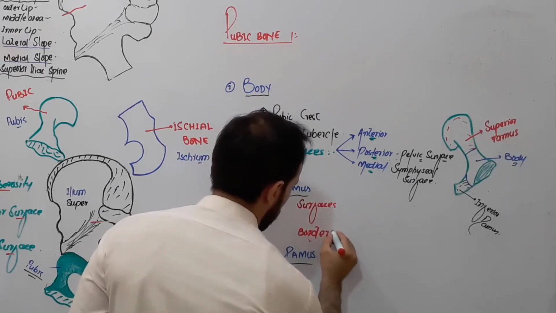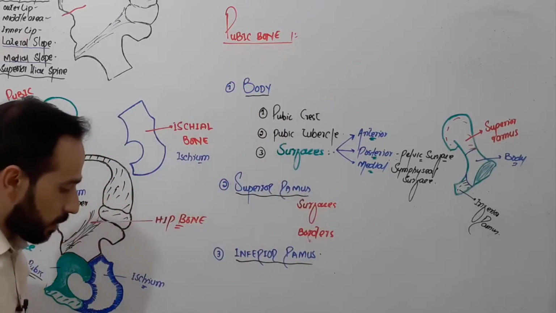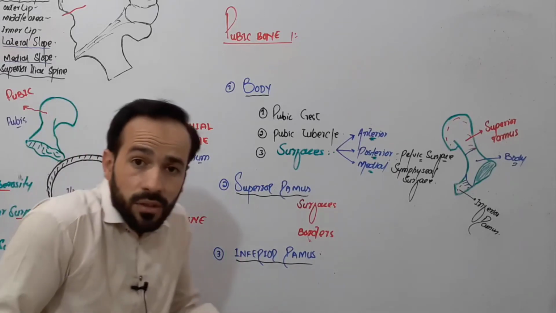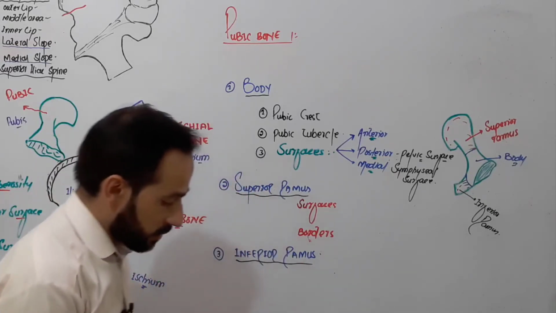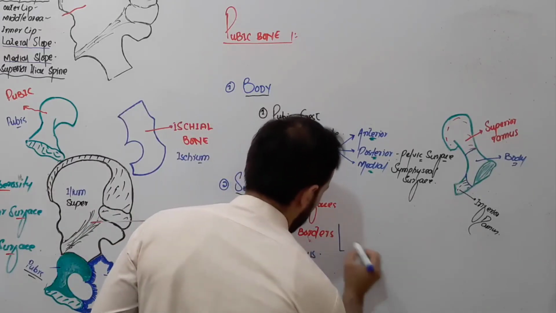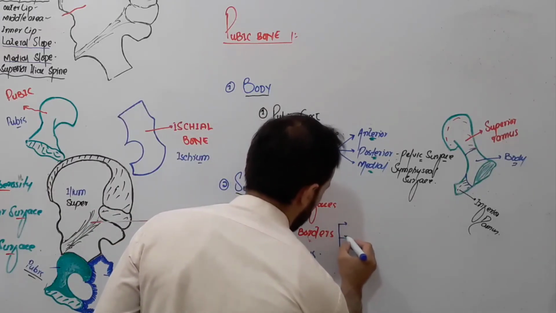I hope you are understanding me. How many surfaces? It has 3 surfaces. And how many borders? It has 3 borders. Let's see these 3 borders first, then we will talk about the surfaces.